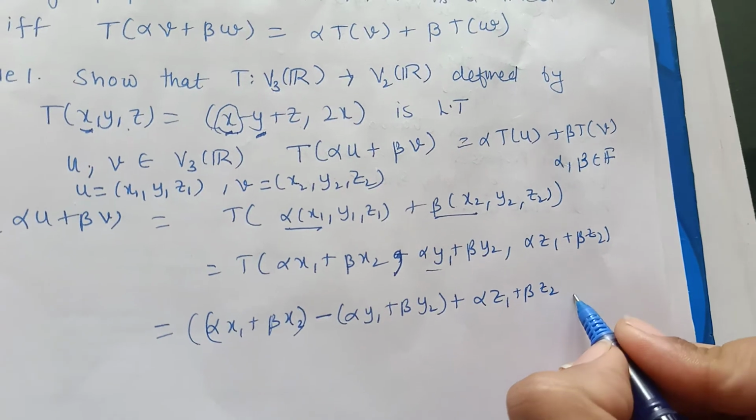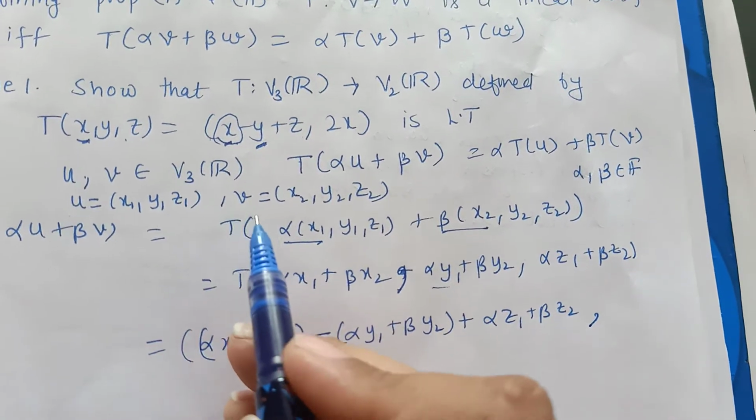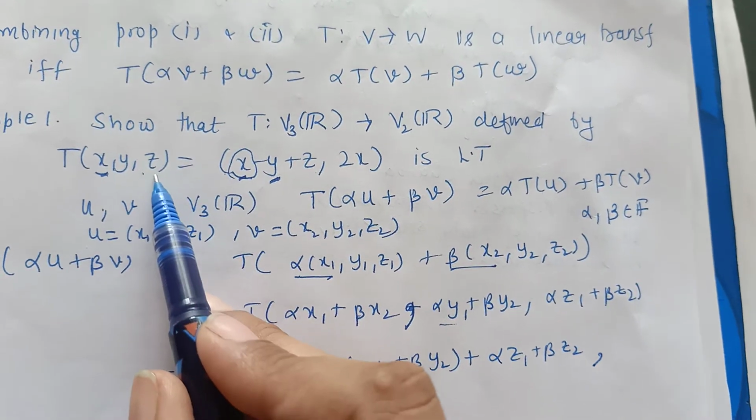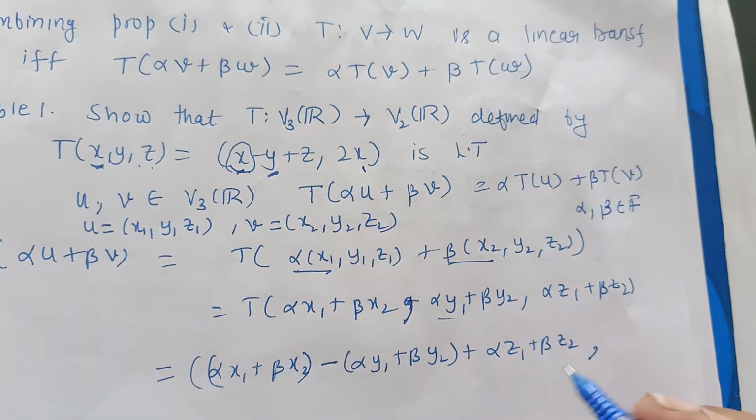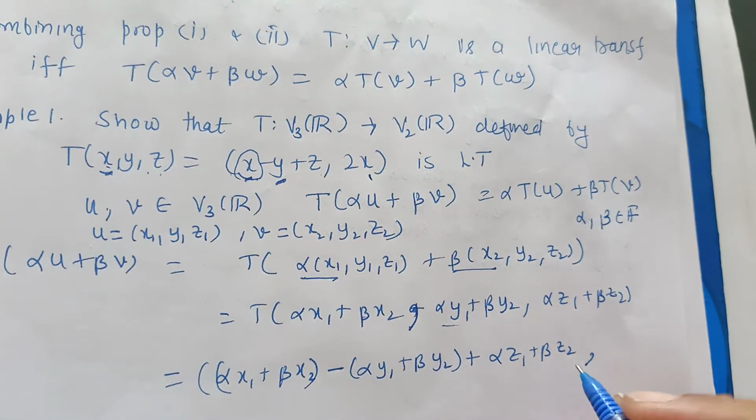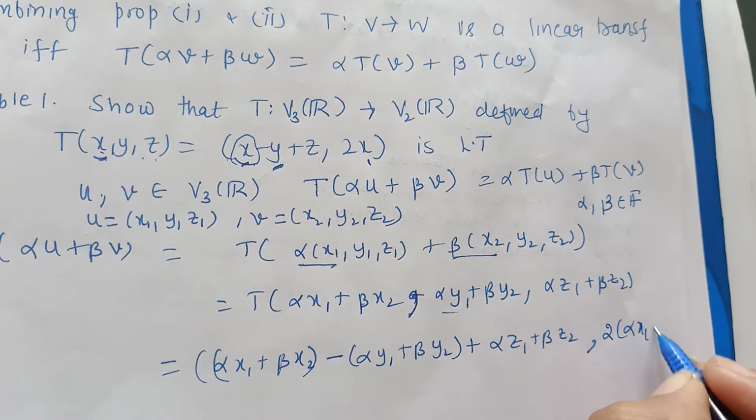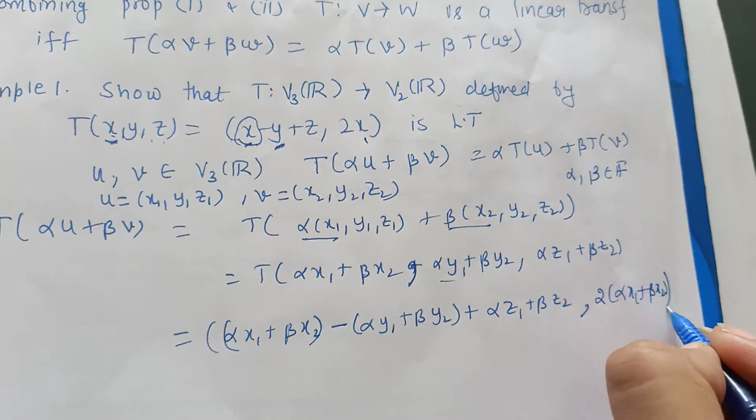This is the first coordinate. Then the next coordinate is, as per this transformation, 2 times the first coordinate. So this will be 2 times alpha x1 plus beta x2.